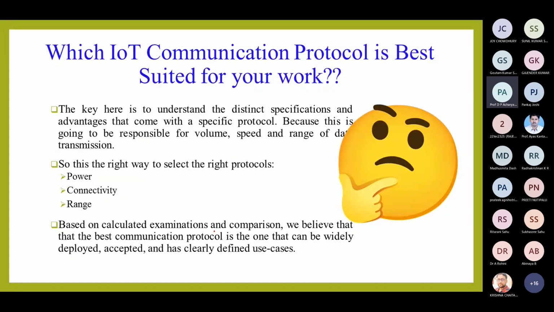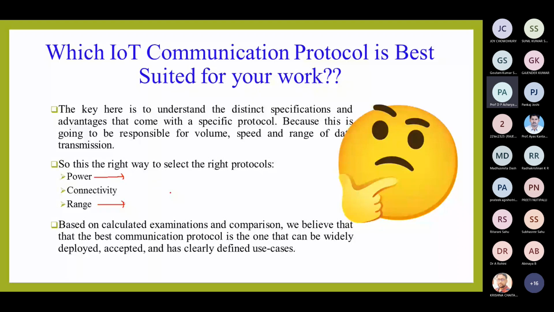Such things only decide. Let us take case by case. If I am mostly interested in power consumption to be low with a relatively large area, but I want to have a private network, private ad hoc network, then my choice should be lower.